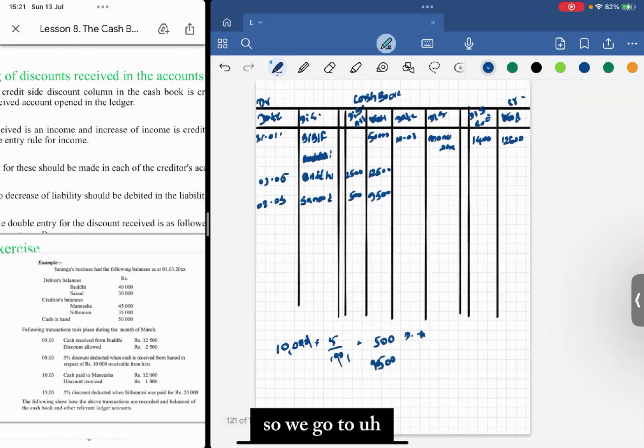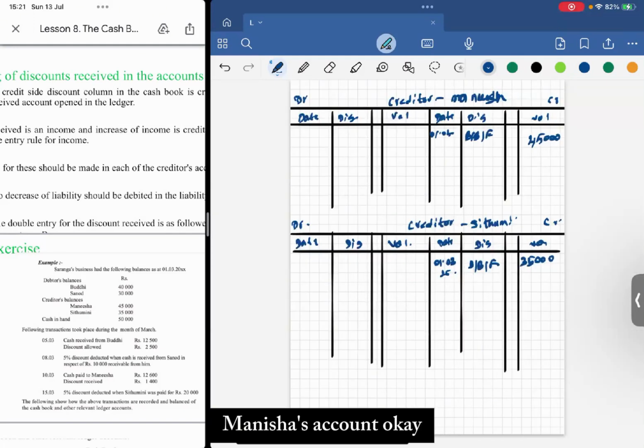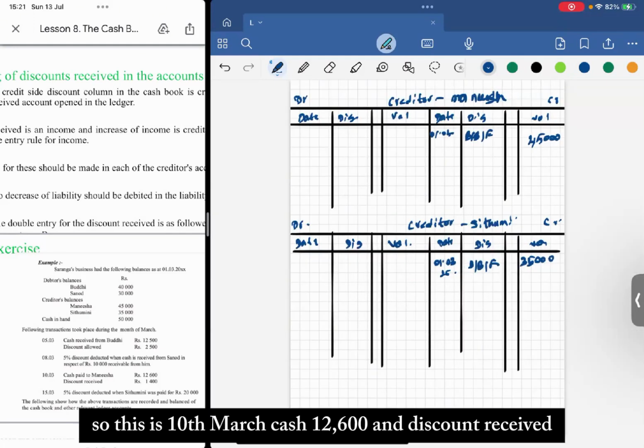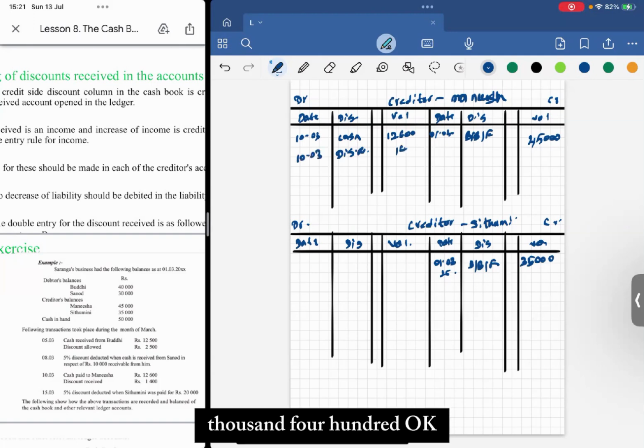So we go to Manisha's account. This is 10th March. Cash 12,600 and discount received 1,400. Transaction done.